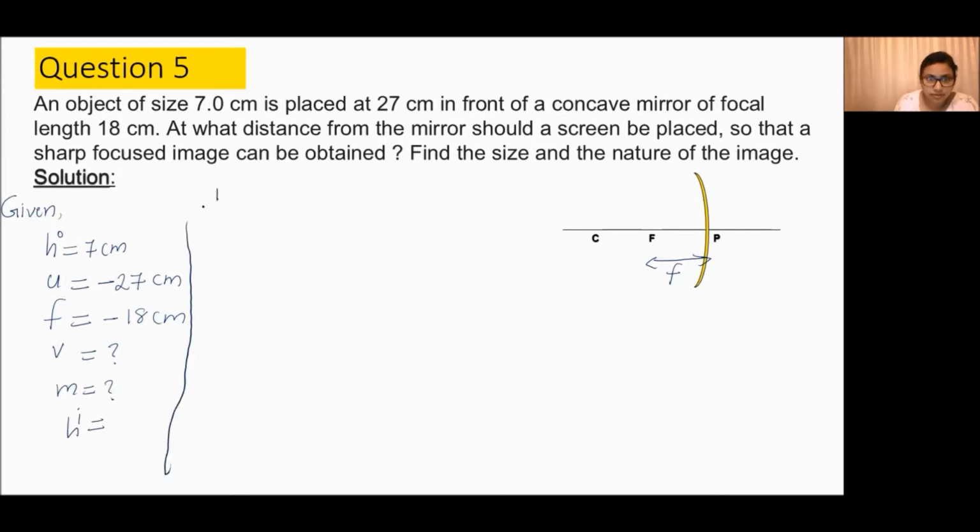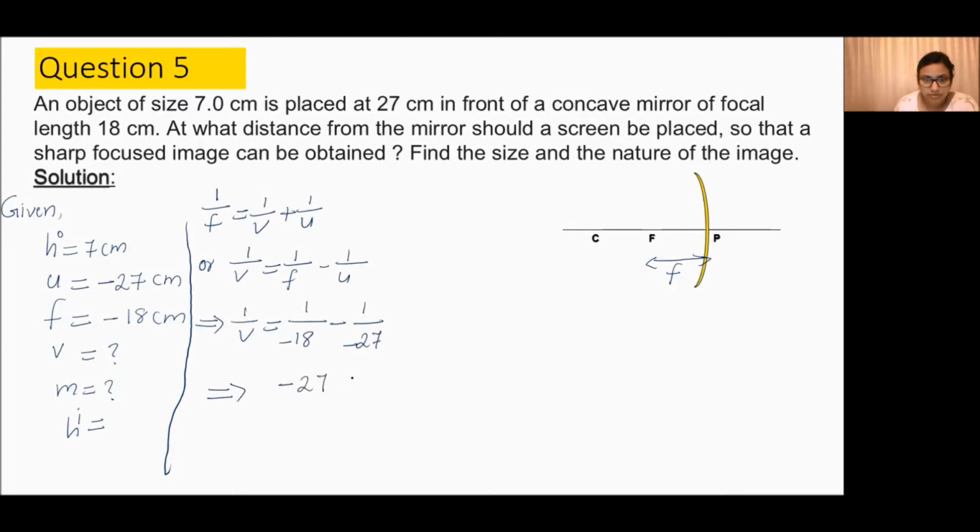So we have the mirror formula. 1 by F is equal to 1 by V plus 1 by U, or 1 by V is equal to 1 by F minus 1 by U, which implies 1 by V is equal to 1 by minus 18 minus 1 by minus 27, which gives you minus 27 plus 18 divided by 18 times 27, which is 486.